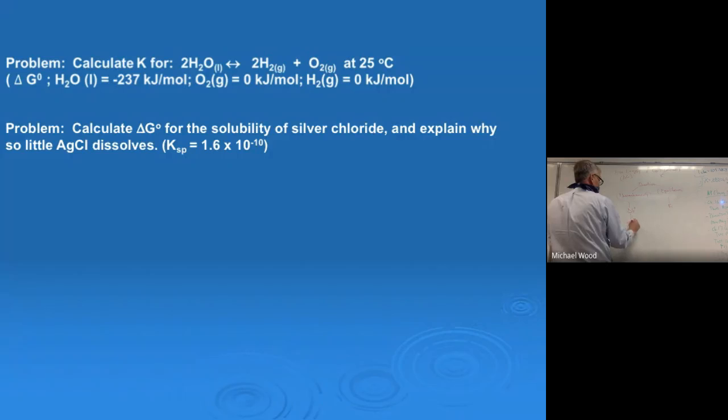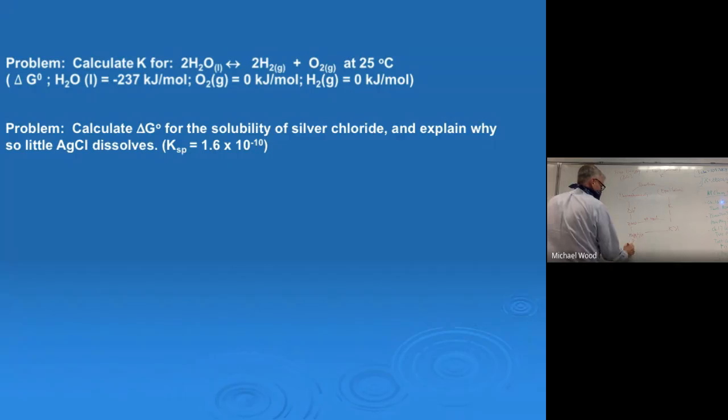So if this is 0, then this would mean that this is 1. And this is at equilibrium. If this is negative, it means it's spontaneous, and the K would be greater than 1.